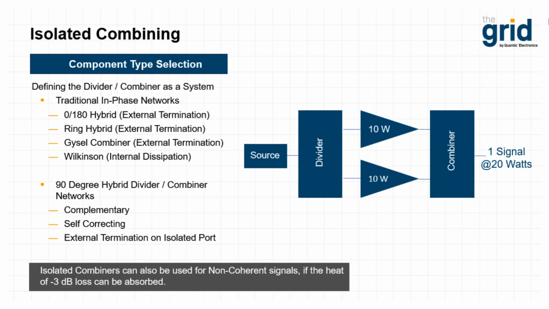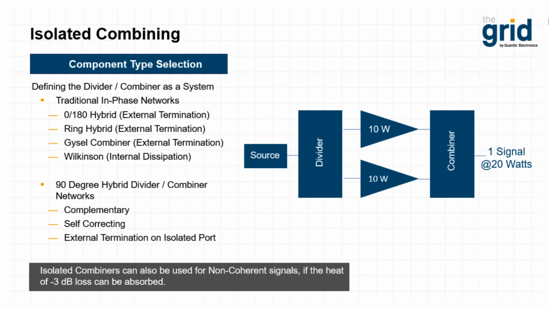Some very good methodologies that we use for that are, for example, 0-180 hybrids. Those take either an in-phase signal or a 180 degree phase signal. In the case of the ones on the screen, we would use the 0-degree inputs, and any differential energy would be reflected out of the isolated or the delta port of a 0-180 hybrid.